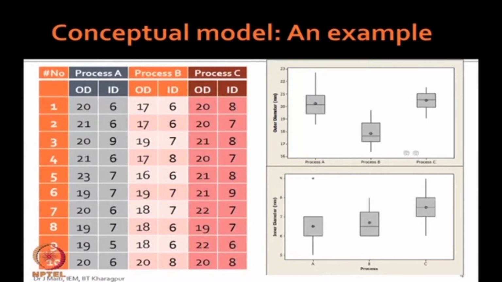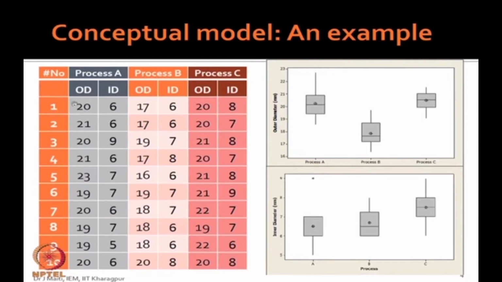This is an example. Last class in ANOVA we have seen that process A, process B, process C produce steel washers with a certain quality characteristic, that is outer diameter. So, with one quality variable. Now, here we are adding one more quality variable, that is inner diameter.